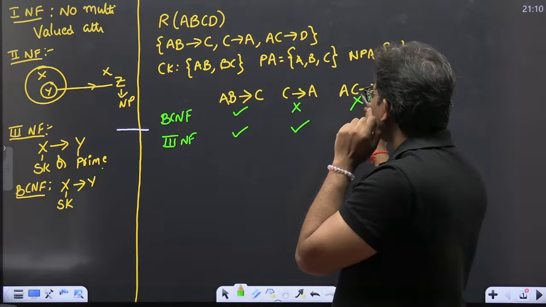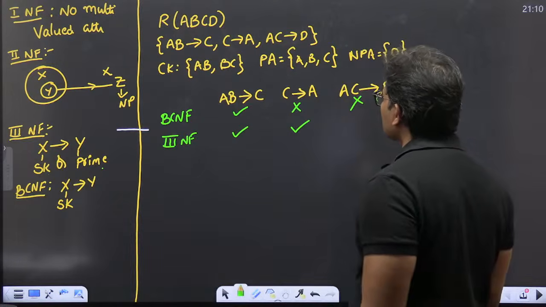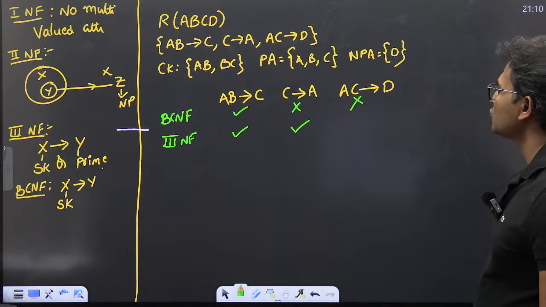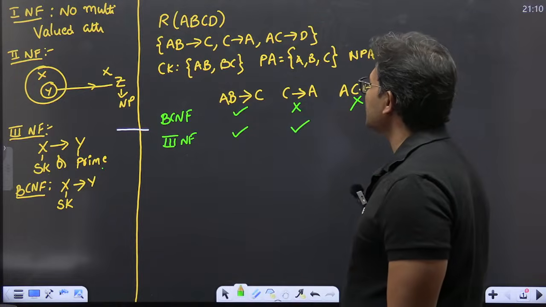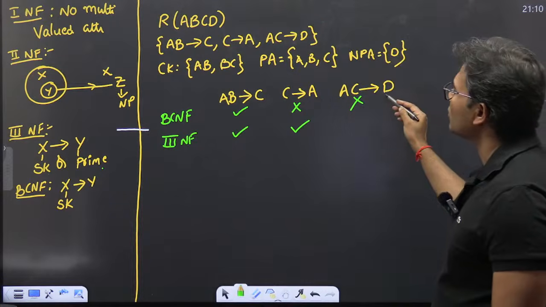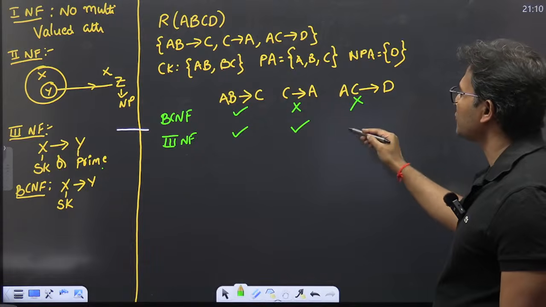Now for AC determines D, the left hand side AC is not a super key, and the right hand side D is not a prime attribute.